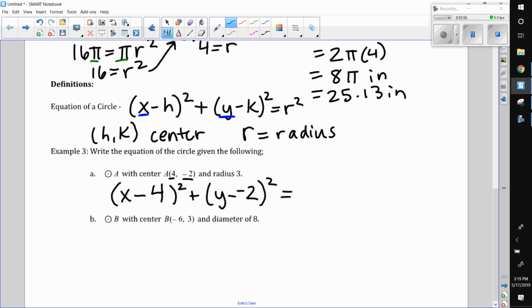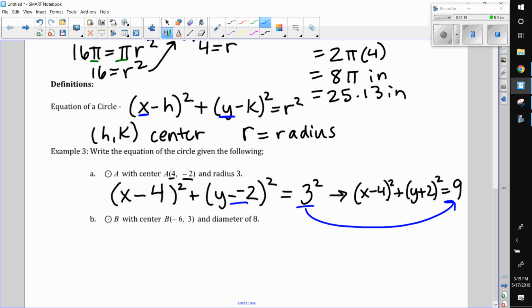They stay the same, and then I have 3 squared. So what this is going to give me as an answer: x minus 4 will stay, but then I've got a negative negative, so I get y plus 2 squared, and then I do the 3 squared, which will give me the 9.